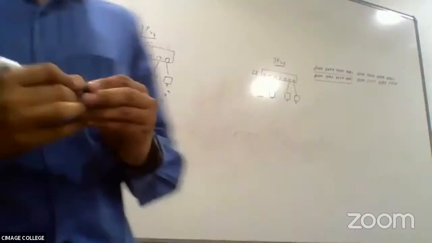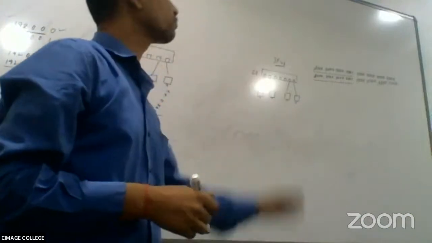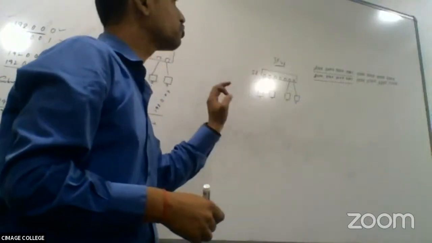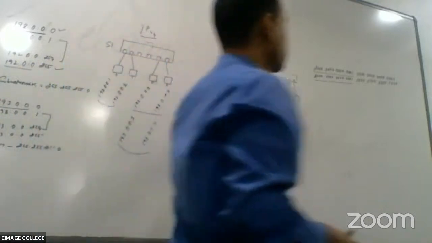Fine. This is the first network. Now from this first network, I am going to just put value for these 4 nodes.